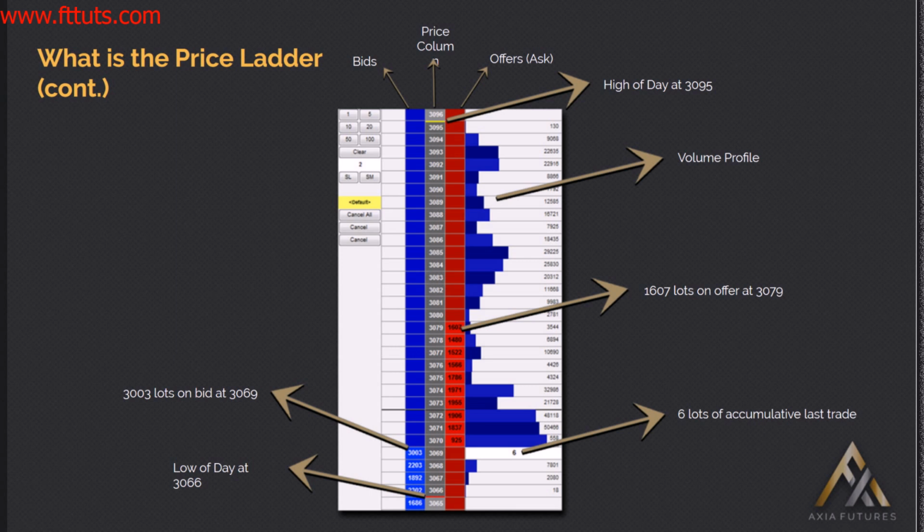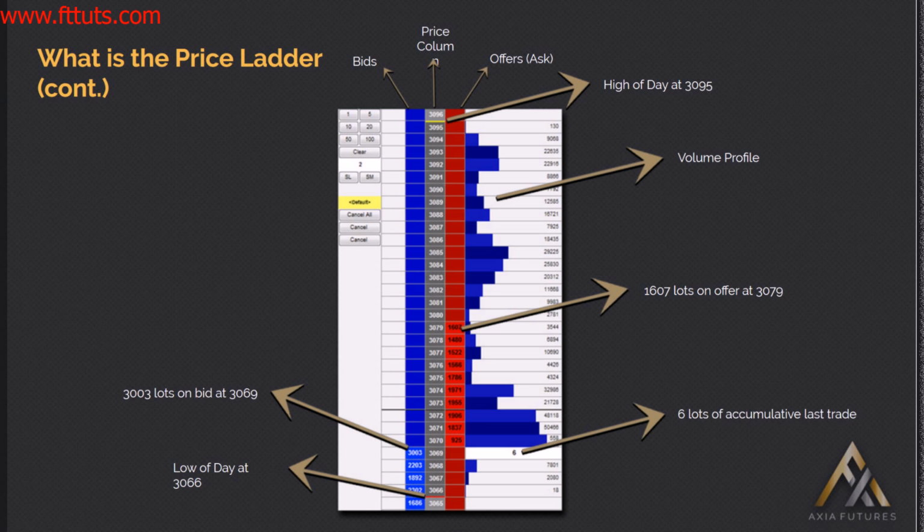Unless you have level 3 data, this is level 2 data, so you don't quite know what that 1,607 lots is comprised of. But at that price, at 3079, we have 1,607 lots, and that dynamically changes every split second. And that's on the offer, because this is the red side.